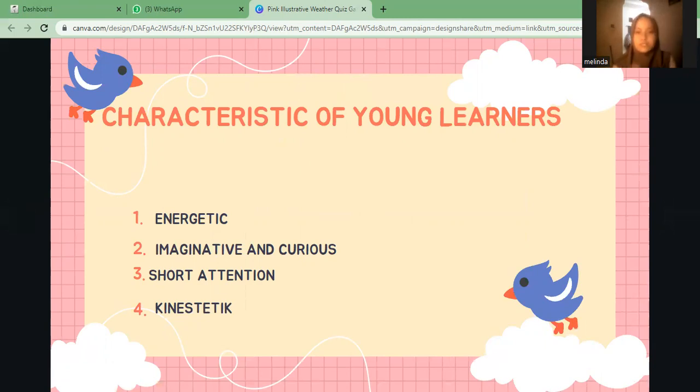How to deal with energetic learners is to vary your lesson plans. The best way to teach an energetic student is to keep their attention. Because they are energetic, we should keep their attention because they do not get bored easily. One way to do that is by adding variety to your lesson plans and activities.